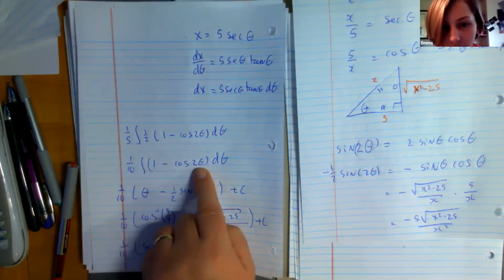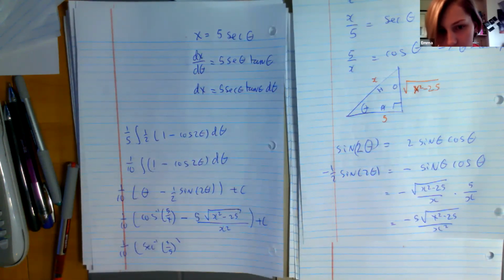Yeah, it looked good up to there, and then I multiplied through the 1/10, and then I had a 1/20th and a 25 at the end because when I went to do the sine of 2 theta, I didn't put in the -1/2. I just left that out for later.